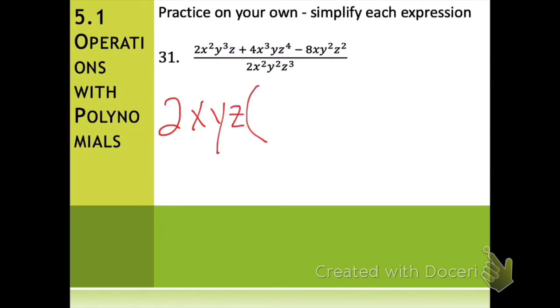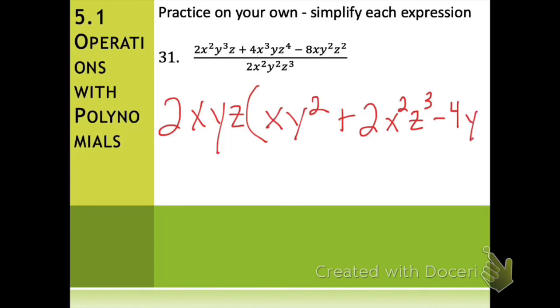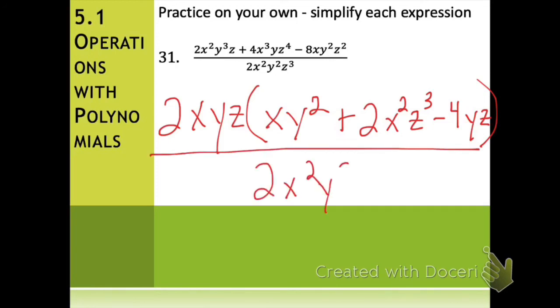So left over, I took 1x out, so x y squared plus 2x squared z cubed minus 4 times yz. All divided by 2x squared y squared z cubed.